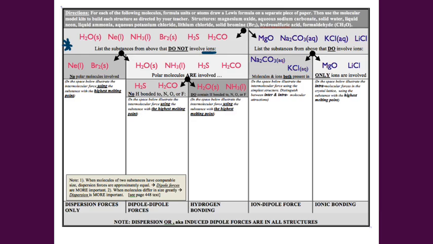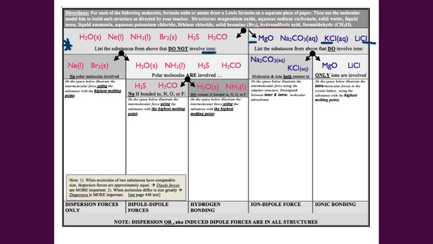Over here we have substances that are involving ions. We got magnesium oxide, we have some lithium chloride, and then sodium carbonate and potassium chloride here. So based on this, we can divide those. Over here we can see that both magnesium oxide and lithium chloride only involve ions, and the sodium carbonate and the potassium chloride are both aqueous, so these are involving both a molecule and an ion.